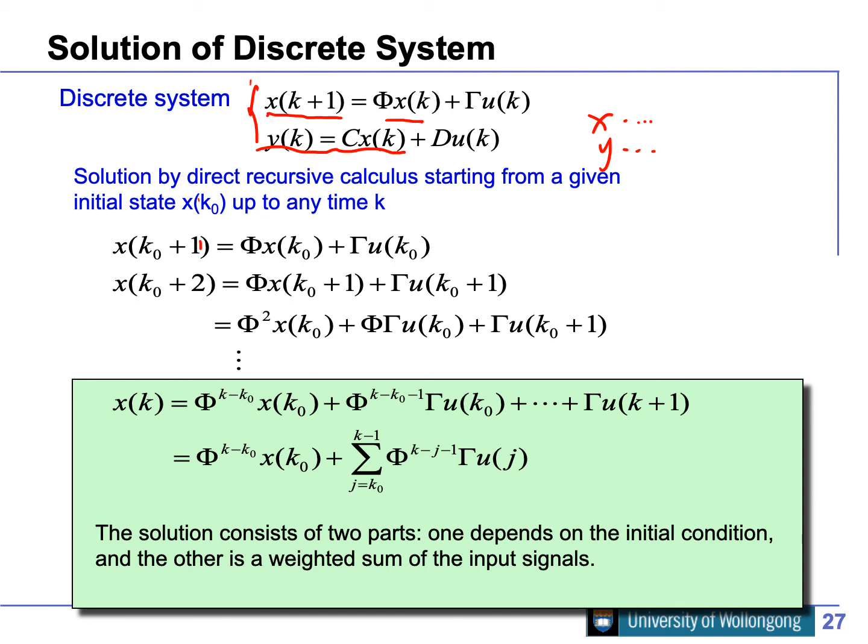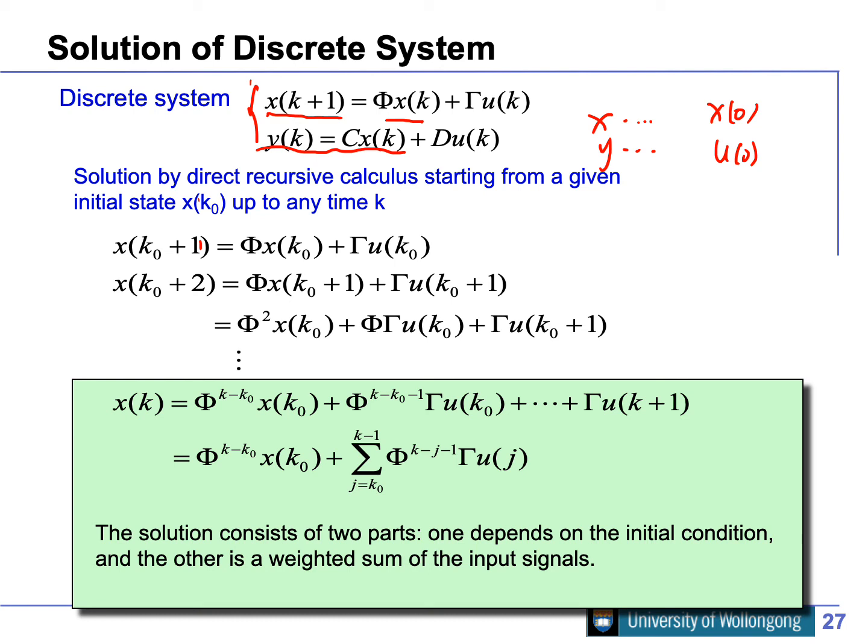So if we know x0 and u0, then x1 is basically just putting them in there and calculating. But once you get x1 with u1, then you can get x2. So it's just iterative, and that's what computers do best, right? Doing a loop and doing iterative calculation.